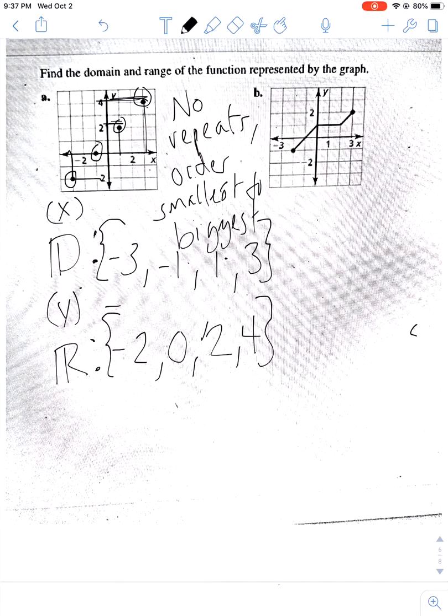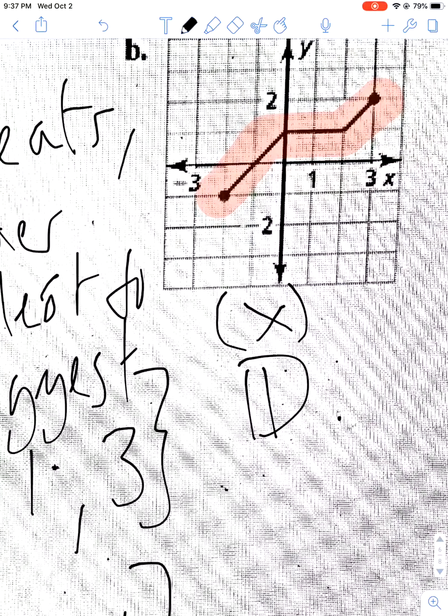Now, points aren't bad. Now, when it's a line, this is where it gets just a little bit trickier. But remember, domain is just your x's. Now, I noticed that this, if we zoom in, x is here at -2, but also here at like 1.9, 1.8, 1.7.